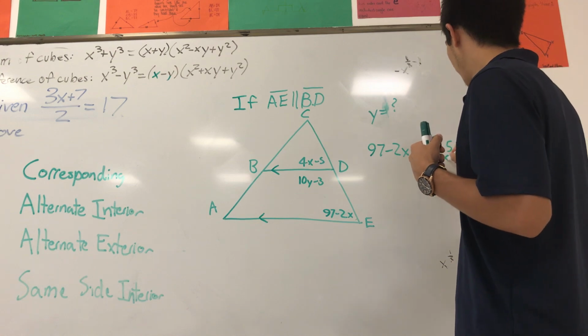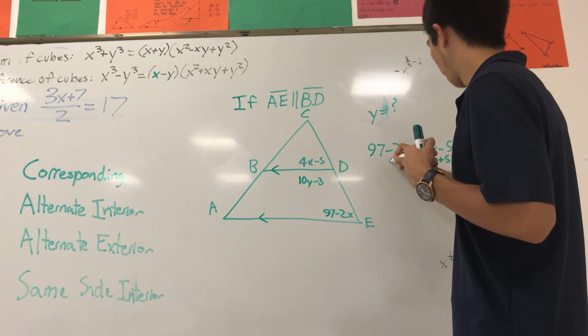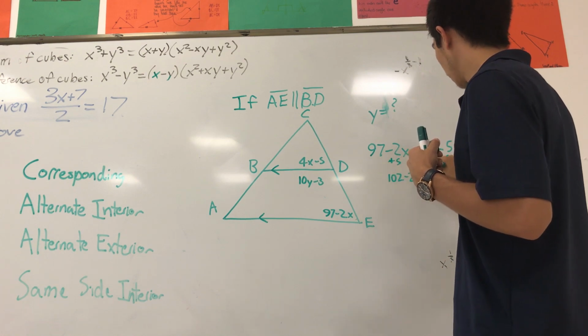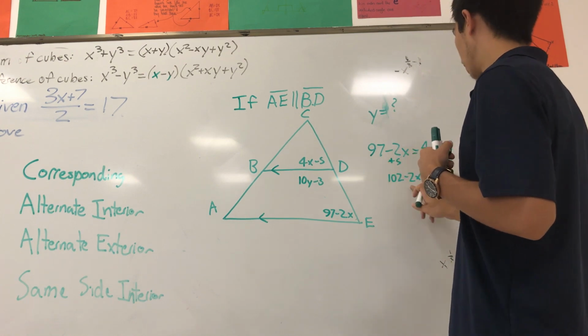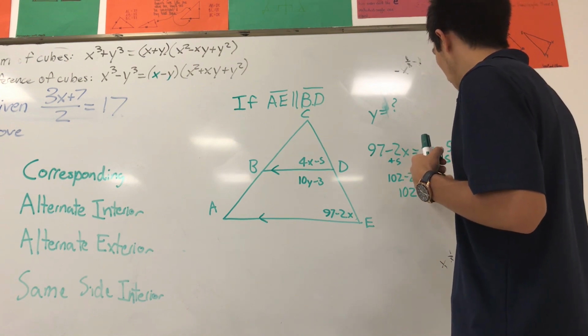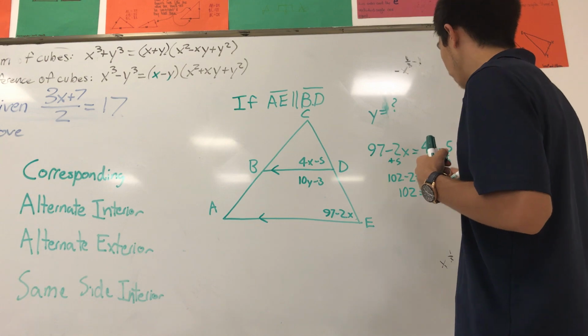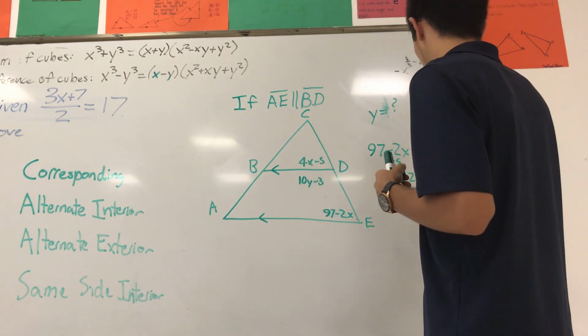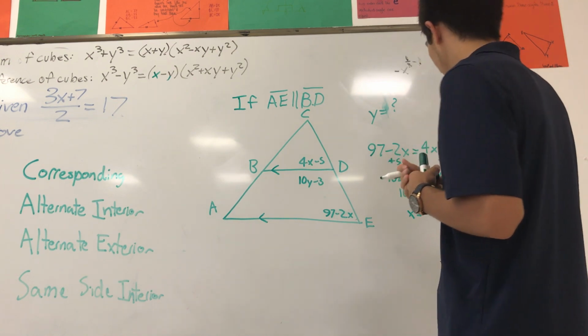I'm going to add 5 to both sides to give me 102 minus 2x equals 4x. Then I'm going to add 2x to both sides, which leaves 102 equals 6x. And then I'm going to divide by 6.